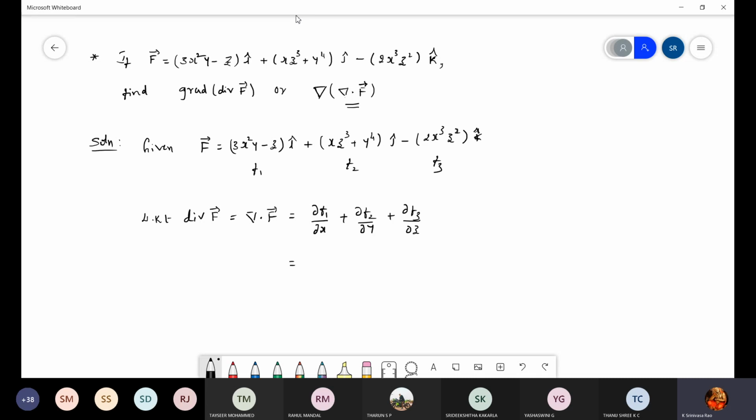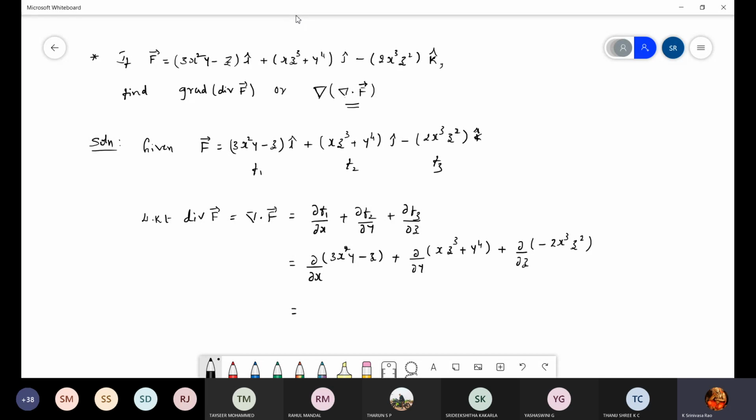Now substitute: dou by dou x of 3x square y minus z, plus dou by dou y of xz cube plus y power 4, plus dou by dou z of minus 2x cube z square.